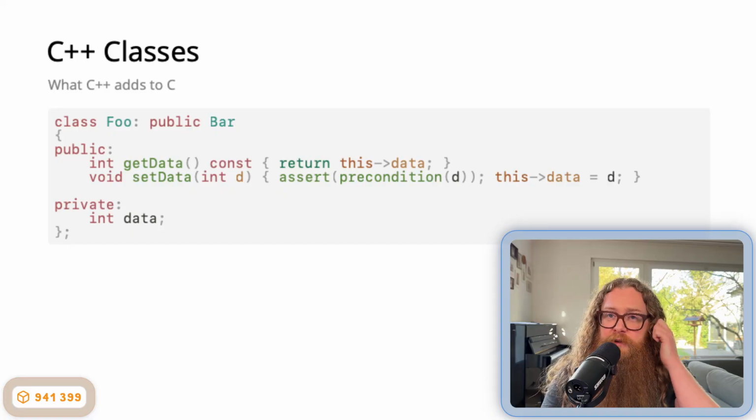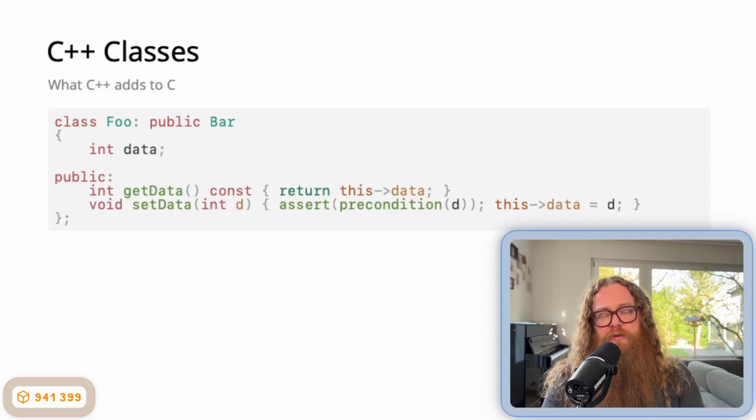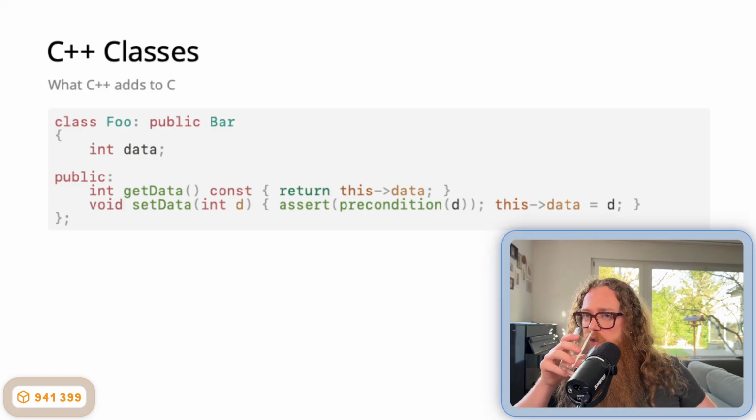And the default access for classes is private. Therefore, we can also move the data member to the top, where it doesn't have an explicit specifier. It uses the default one, which is private for classes.